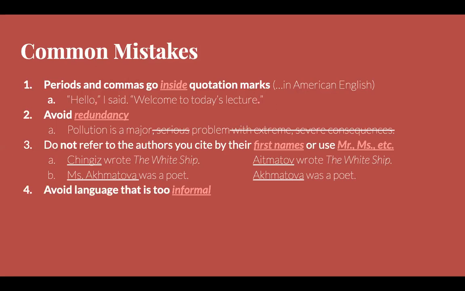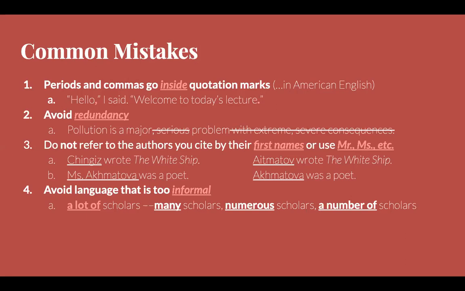And then the last one, going back to one of the points I made in the previous slide, is avoid language that is too informal. So these are the biggest mistakes that I see with this. The phrase a lot of scholars believe something, for example. A lot of is not really appropriate for writing.